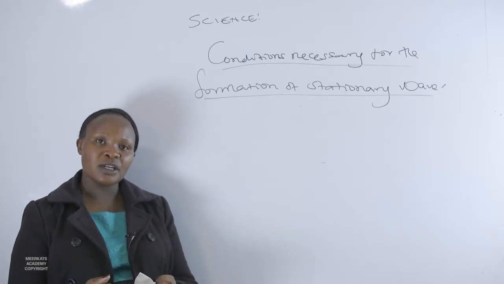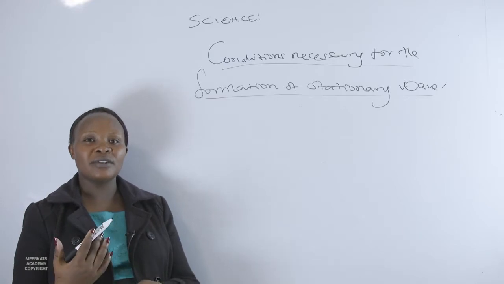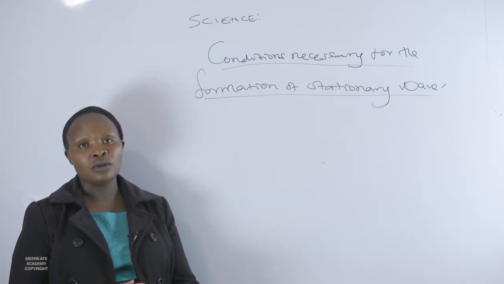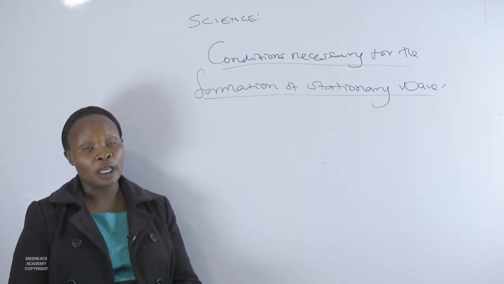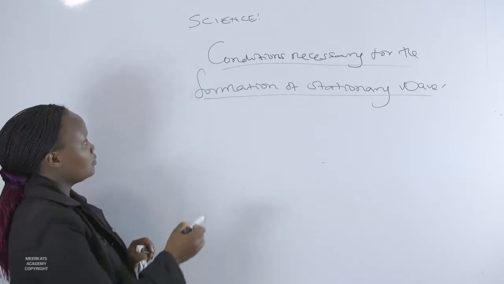Because these two waves have the same amplitude but travel in different directions. Therefore, the vector sum of the amplitude should give you a 0.